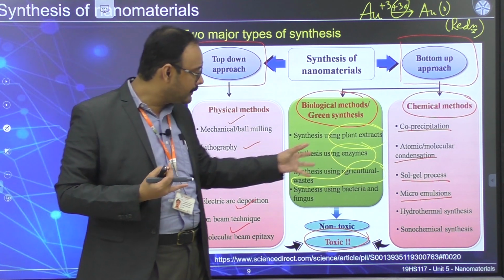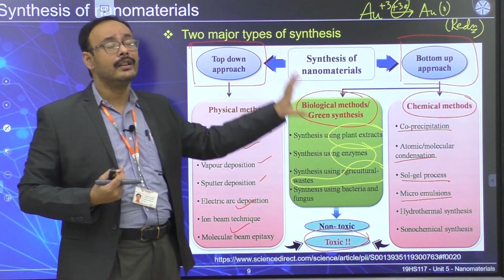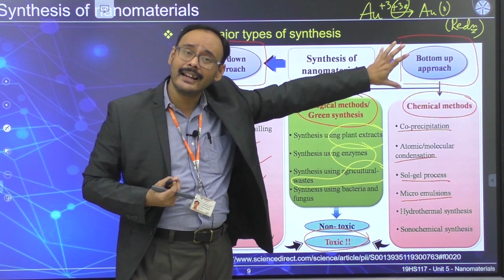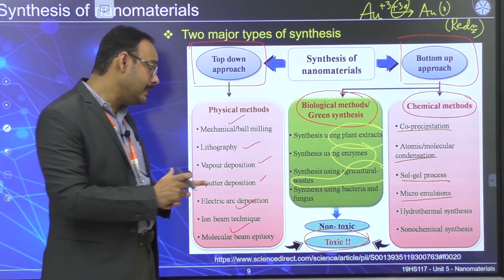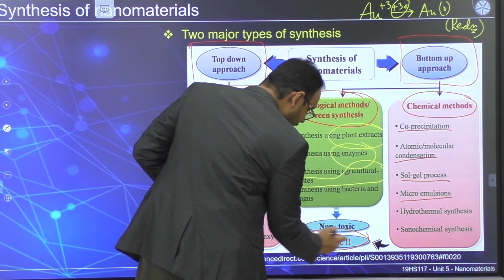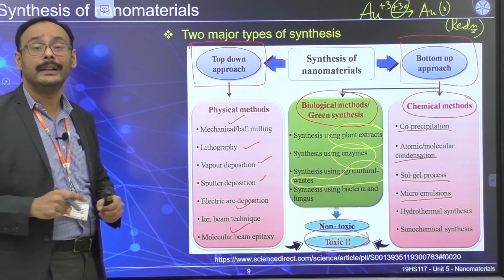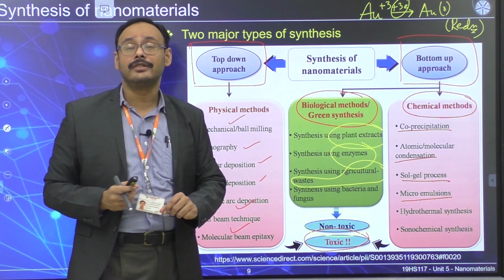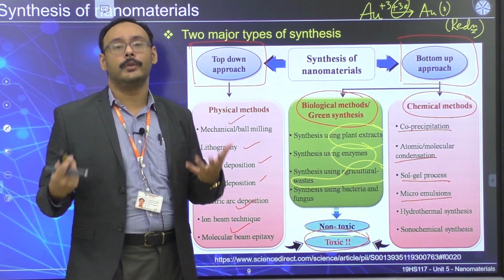So these are some of the cases where people have used this kind of material to synthesize nanomaterial, and these processes are primarily non-toxic as compared to the physical and chemical methods. That's why these are coming into the literature more and more.